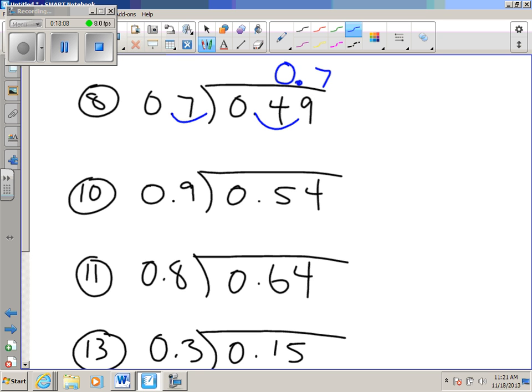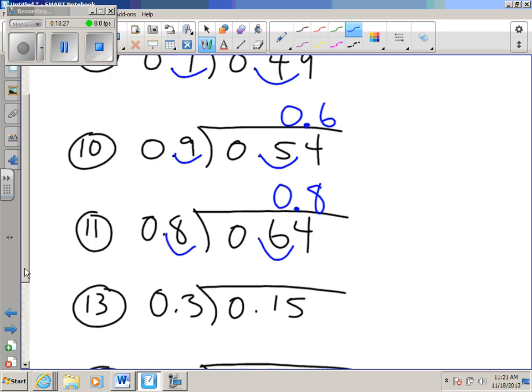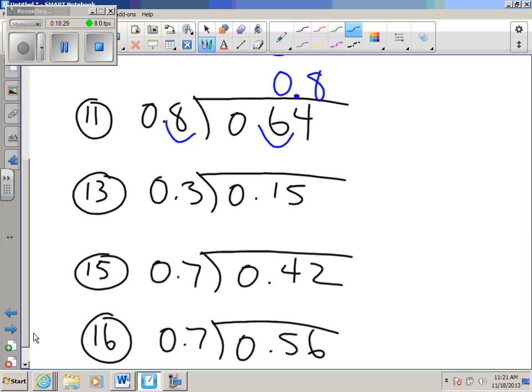Right? 1 place on the outside, 1 on the inside. Should make this one 0.6. 1 place on the outside, 1 on the inside, 0.8. 1 on the outside, 1 on the inside, 0.1. 1 on the outside, 1 on the inside, 0.6.